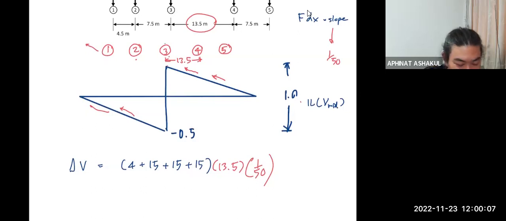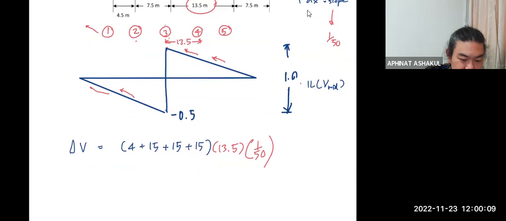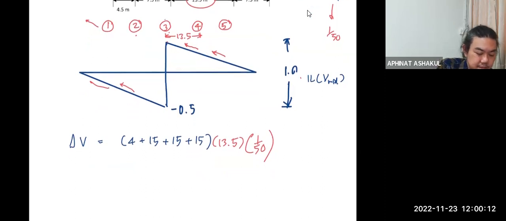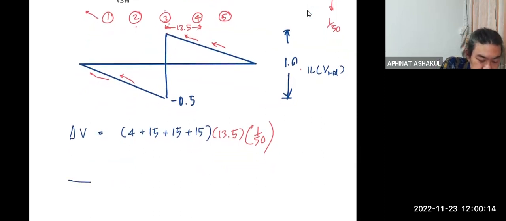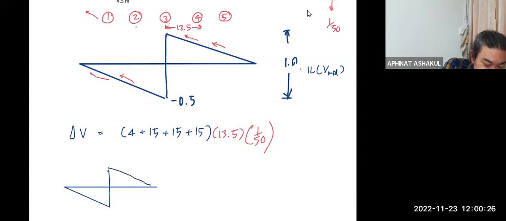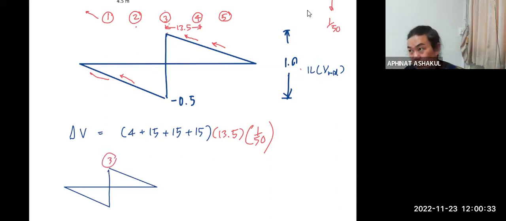Now I can try to write load number 3 simply. Okay, better. Now we try to focus on load number 3 alone. Load number 3, before it moves, gives you the positive value.